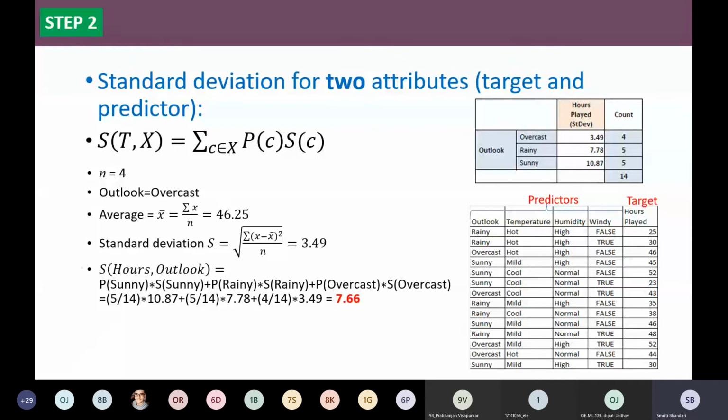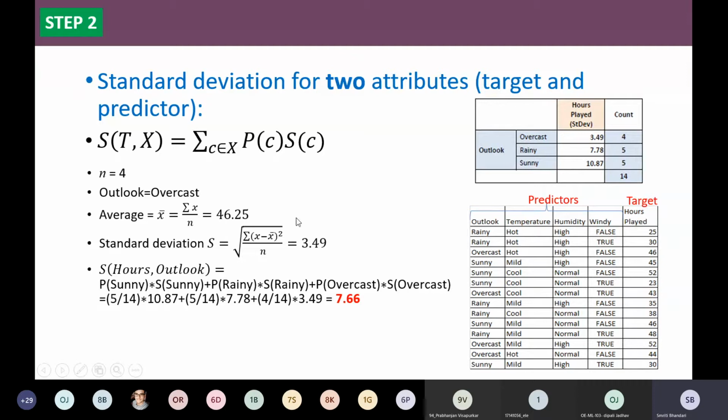So what do we have in step number 2? Once again we are going to compute the standard deviation, but now for 2 attributes, the target and one of the predictors. So which are the predictors? We have these 4 attributes here, those are the predictors, and we have the target attribute. So we are going to compute the standard deviation for 2 attributes now, the target along with one of the predictors, right?